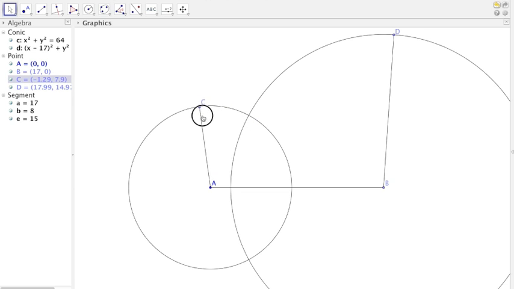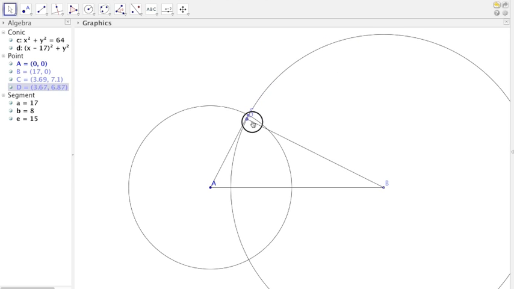When we bring our circles together, if we land at that intersection point, that is going to create a triangle where the sides are 8, 15, and 17. So this is another way to visualize and verify that 8, 15, 17 will indeed form a triangle.